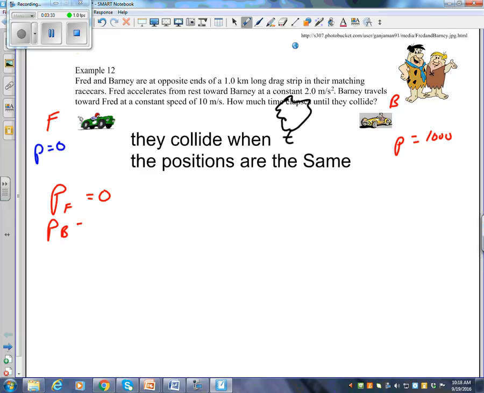Position Barney, 1,000. They have to be equal to each other, right? Their positions have to be the same. So I'm going to write PF is equal to PB. That's when the crash occurs. Position Fred is equal to position Barney.